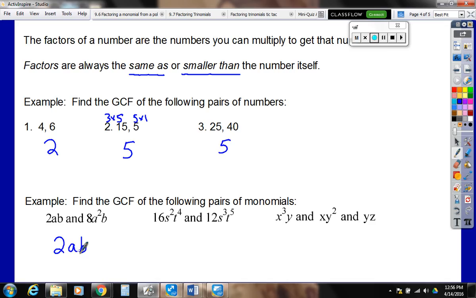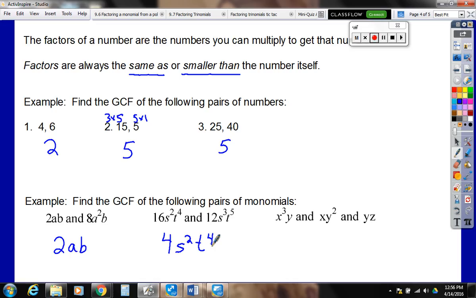On the next one, Stephanie, what's the greatest common factor of 16 and 12? 4. And then do they both have an S? Okay, so we write s to what exponent? Second. Do they both have a t? Okay, and what exponent will we use? Good. Megan, try this one.